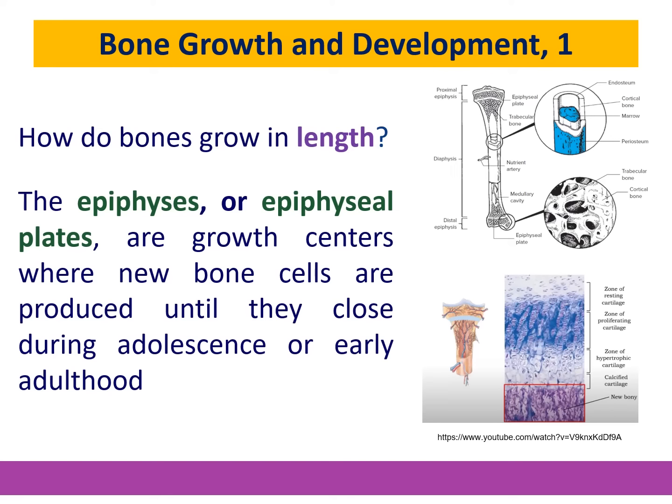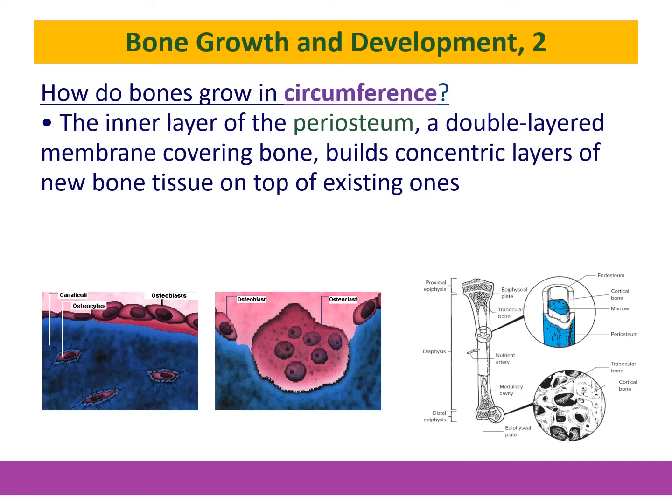Now I'm going to describe how bones grow in circumference. Growing in circumference takes place in a part of the bone tissue called the periosteum, which is a covering sheet on the long bone.